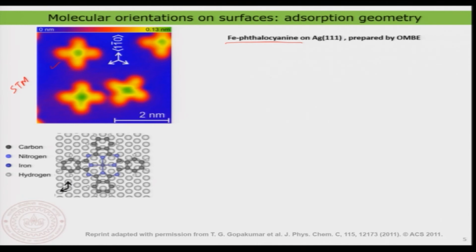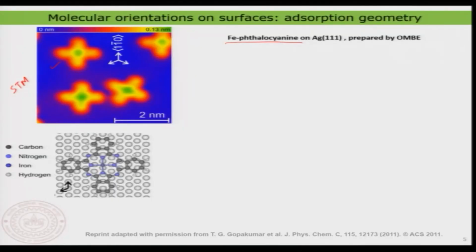When you inspect all the isolated molecules, you find clearly that most of them are oriented along three different directions. As you can see here, two molecules are oriented like this, another molecule is also oriented like that, even this molecule at the corner is oriented like this. Then you find another orientation where the molecule is oriented like that.